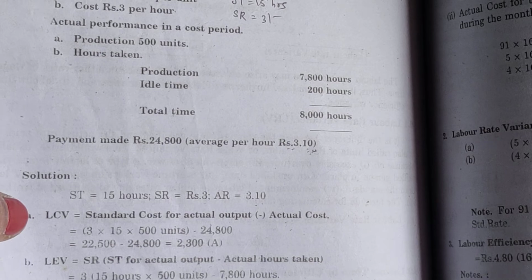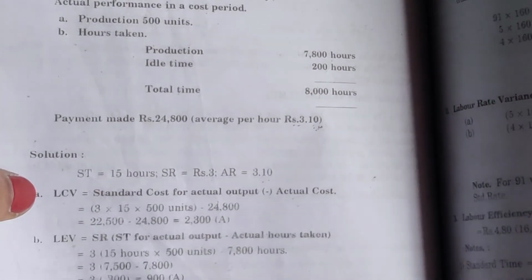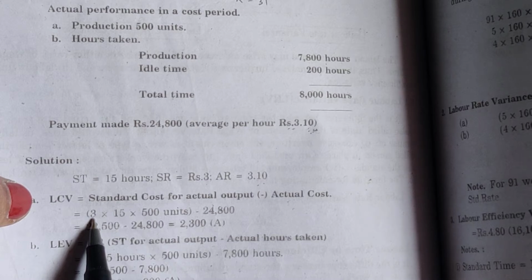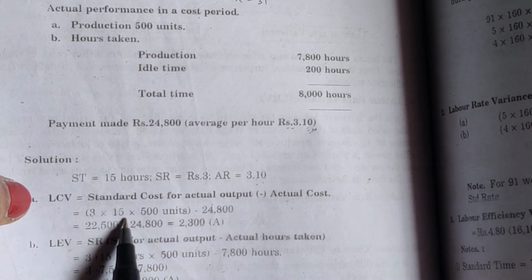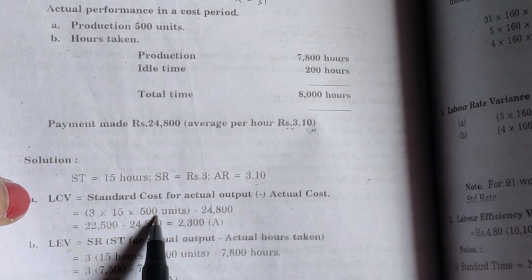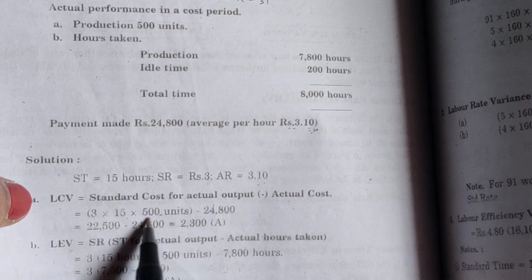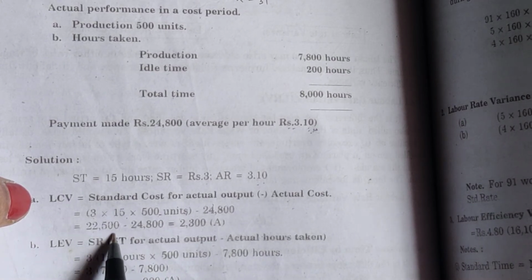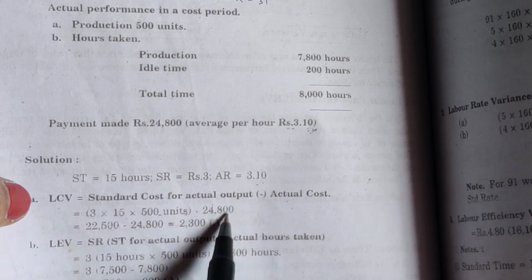Standard cost means standard rate of 3 rupees, into the standard time of 15 hours for 500 units, which gives 22,500, minus 24,800.